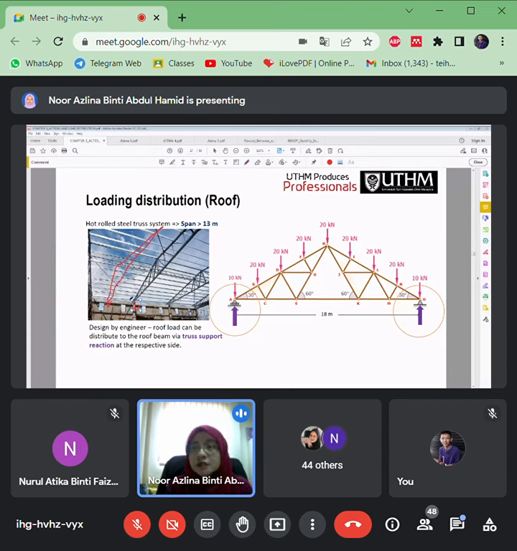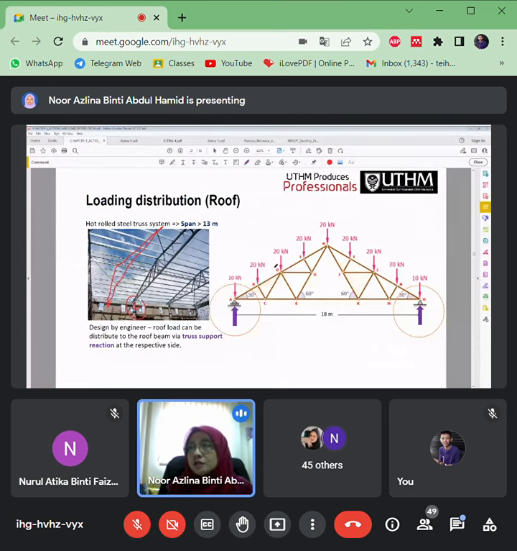Depends on how the designer designs the roof system. But normally, for safety, we arrange the truss member exactly at the column. So that means the load will be applied directly to the columns.